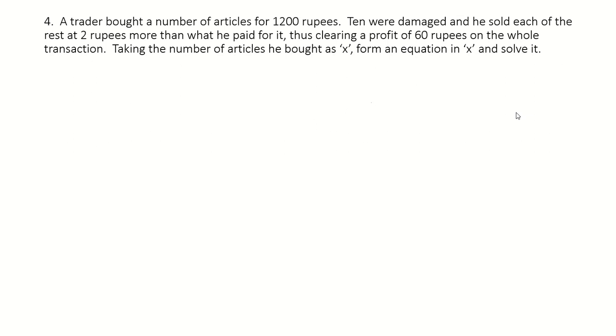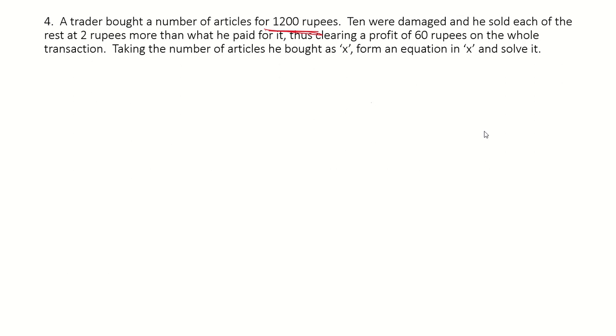A trader bought a number of articles for 1200 rupees. 10 were damaged and he sold each of the rest at 2 rupees more than what he paid for it.